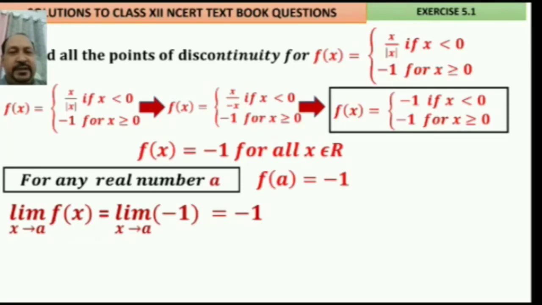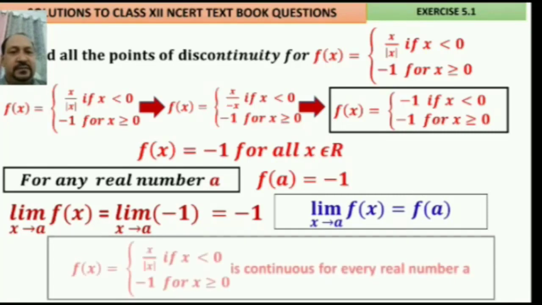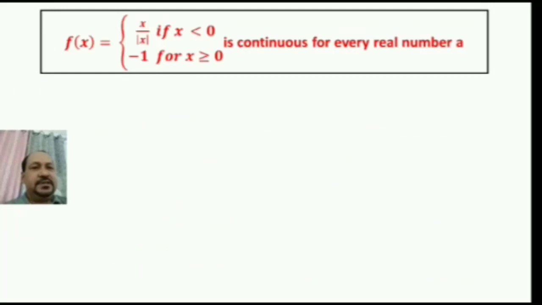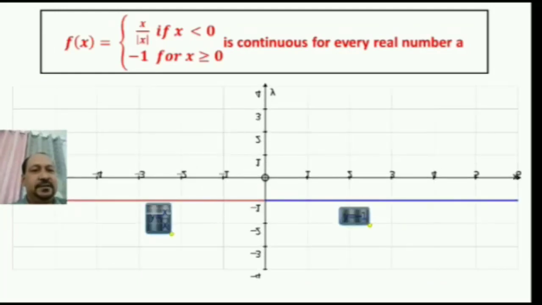Limit x goes to a of f(x) equal to limit x goes to a of minus 1, you will get minus 1. So this function f(x) is continuous for every real number a.